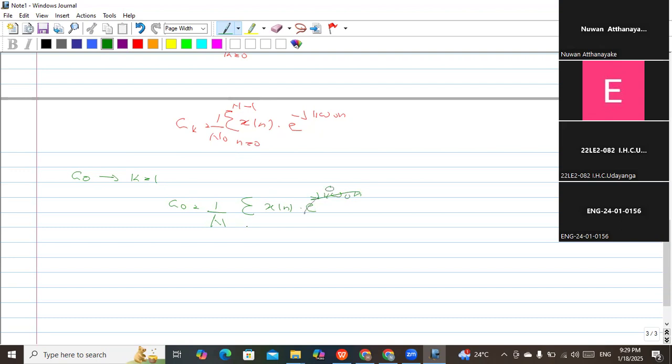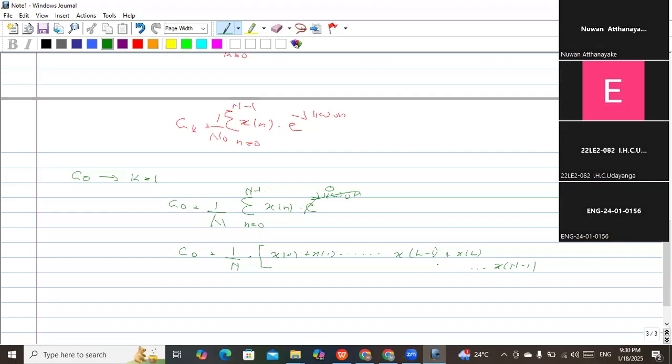So n is from 0 to n minus 1, and you have c naught equal to 1 over n times x0 plus x1 plus like this up to x L minus 1, then plus xL up to x n minus 1.